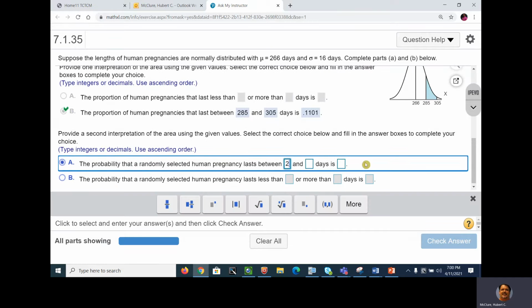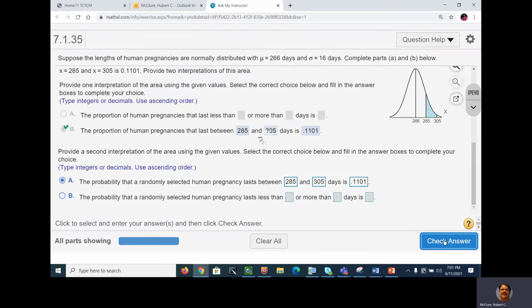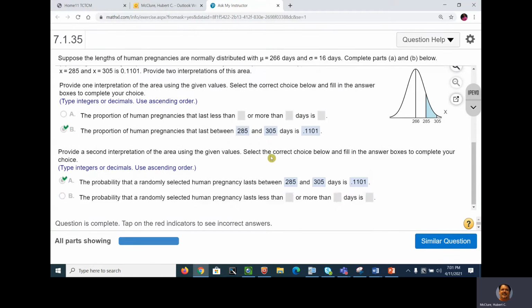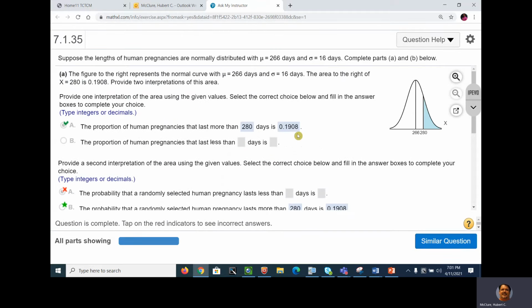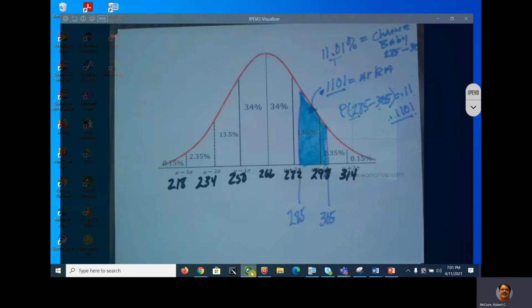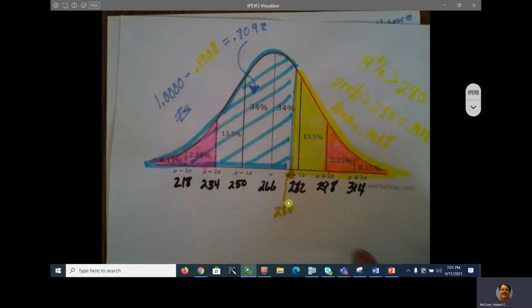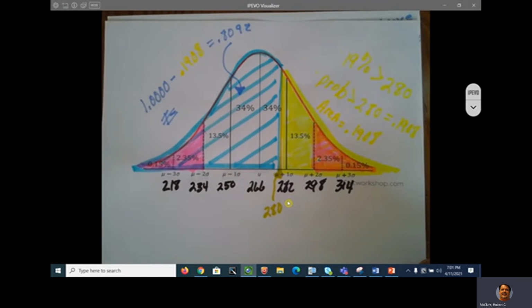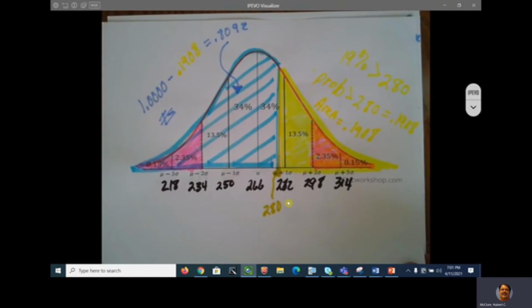Between 285 and 305 is the same thing, 0.1101. And that's it. And what they're trying to get you to do is understand the drawing that you draw. That's what they're trying to get you to do. So if you're trying to do this homework without drawing a picture, then you might as well not even do it, because you're not going to understand it.